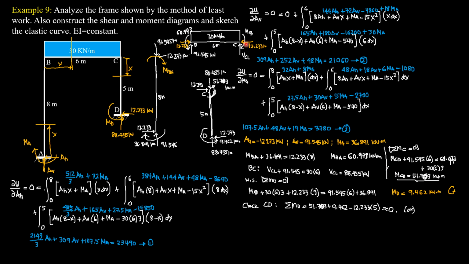So MCB is clockwise in BC, and it is 51.703 kilonewton meter.